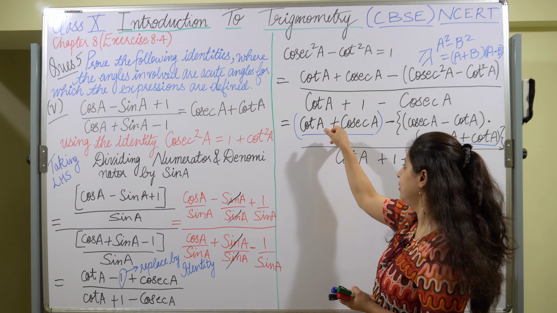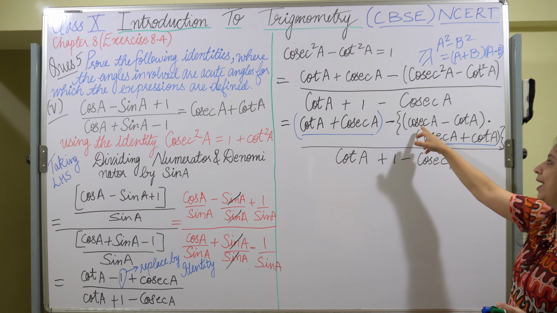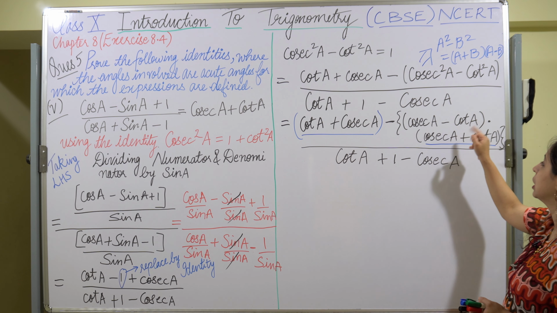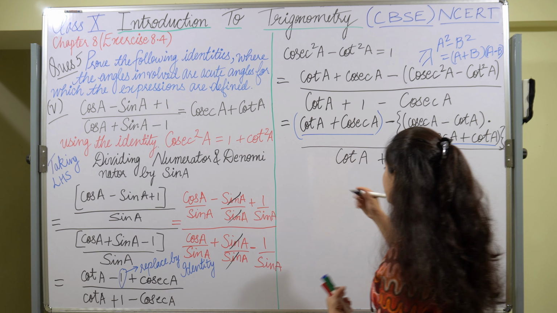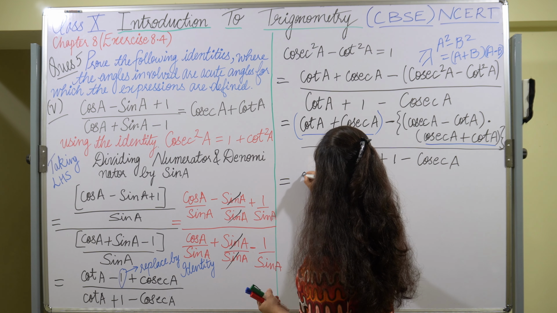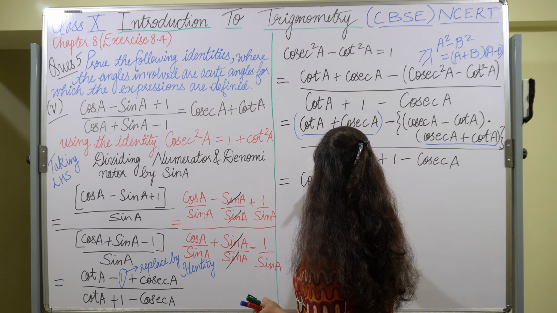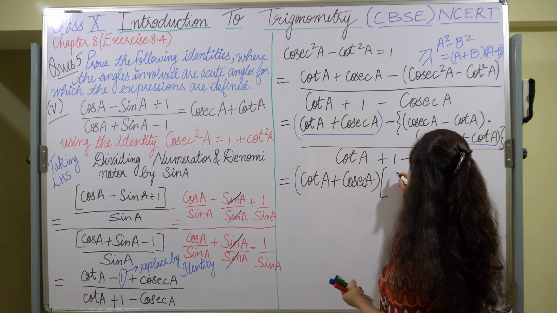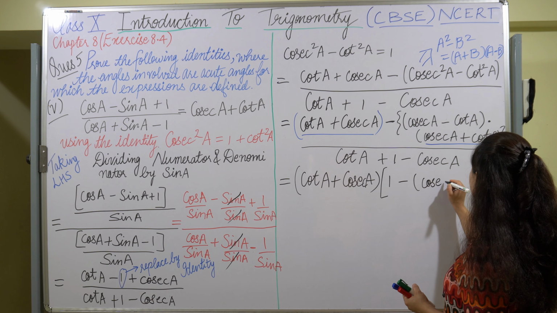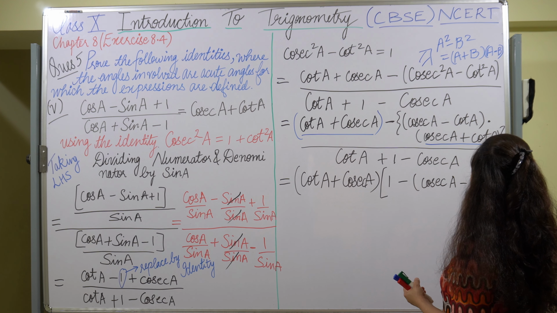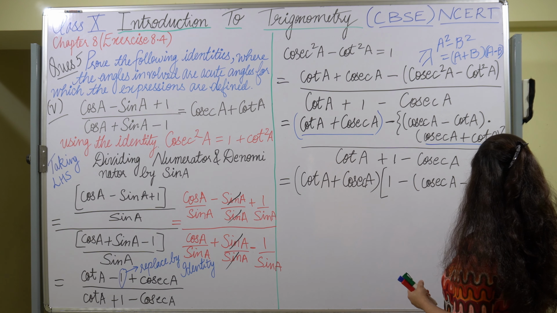Here we will be left with 1, and here with cosec A minus cot A. So we got (cot A plus cosec A) into (1 minus (cosec A minus cot A)).